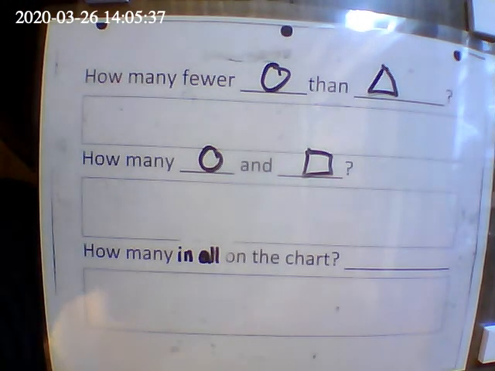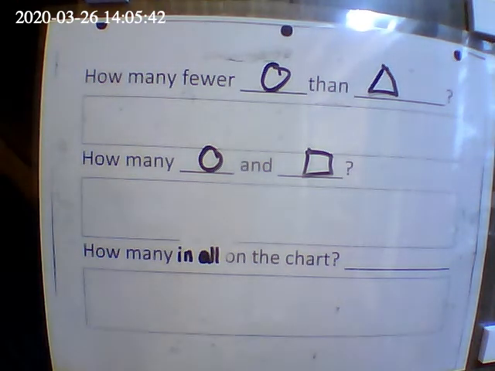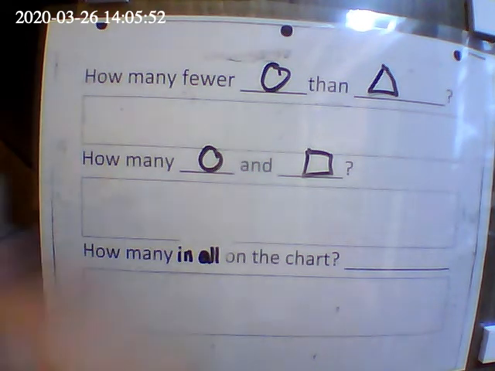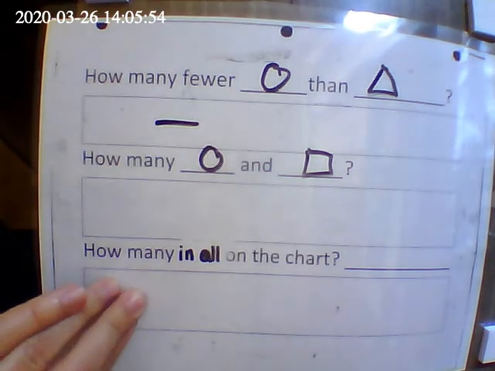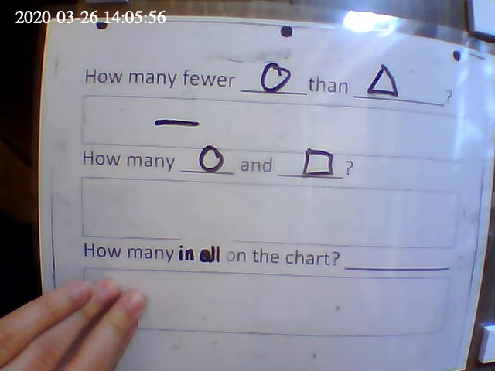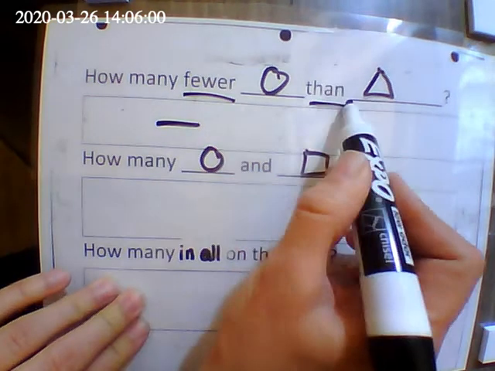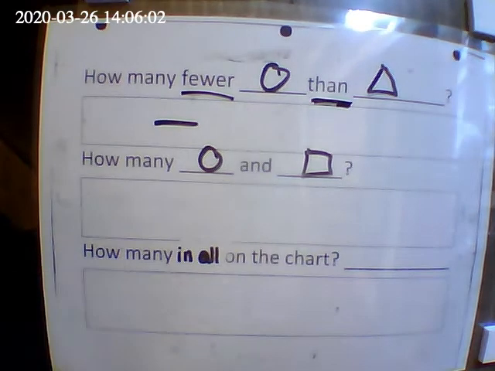We have how many fewer circles than triangles? So what are we doing here? Are we adding or subtracting? And we are subtracting because of why? What's telling us that we are subtracting? Fewer than. That word than is telling us we are comparing and we need to find the difference. So we need to start with which is larger.